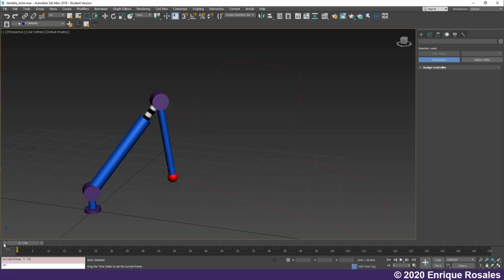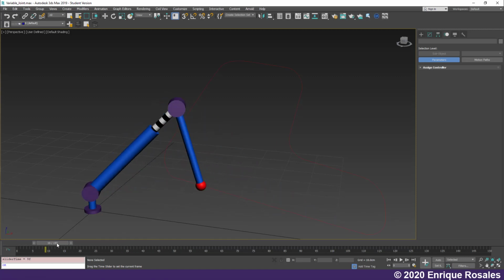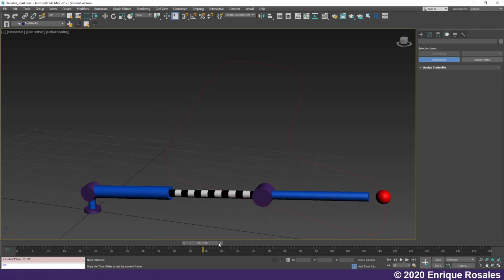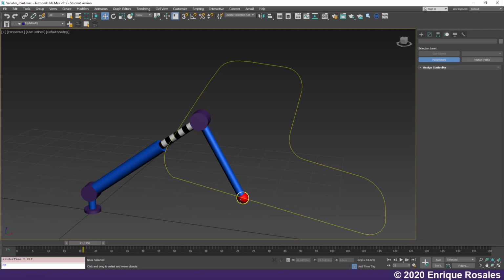So the question is, how can you decide which final distance you are using, right? If it's the minimum, the maximum, or something in between. Well, that will depend on whatever function you want to use, but it could be, for example, a linear relation with respect to the distance between the origin and the end effector.